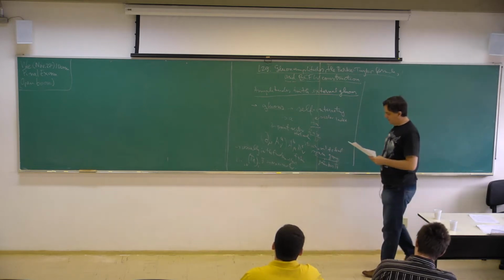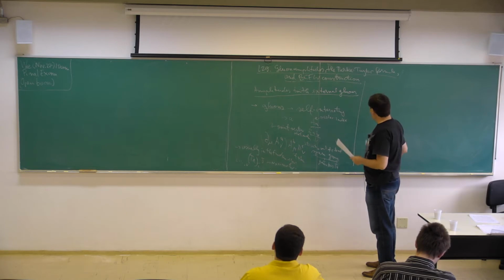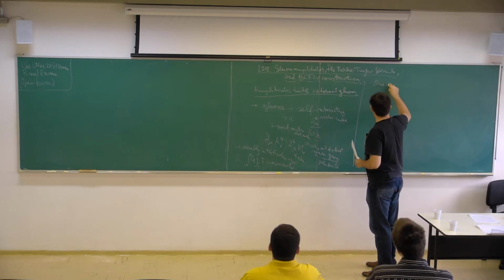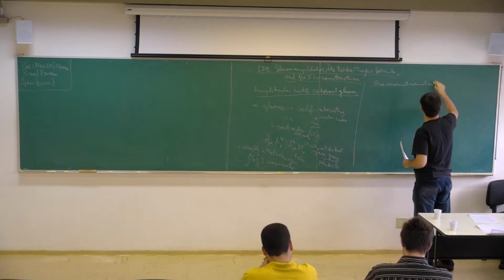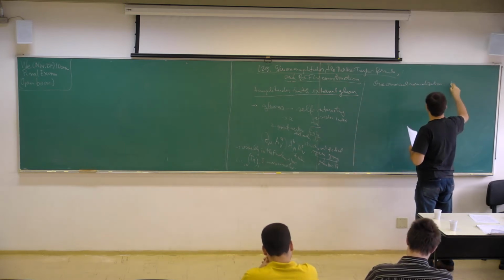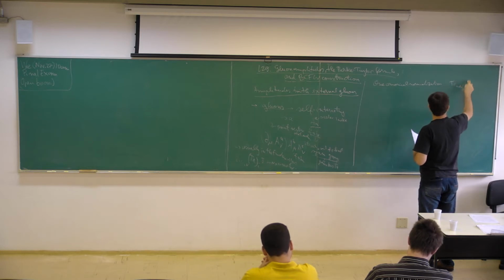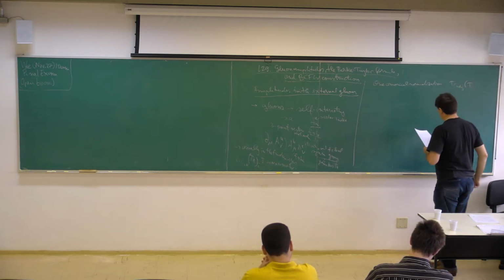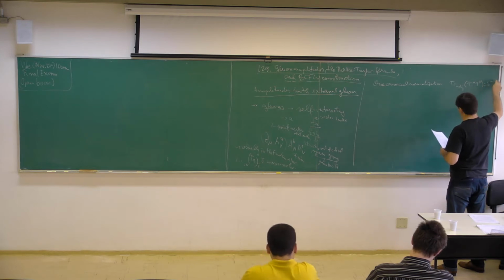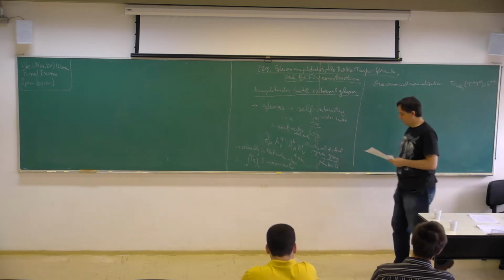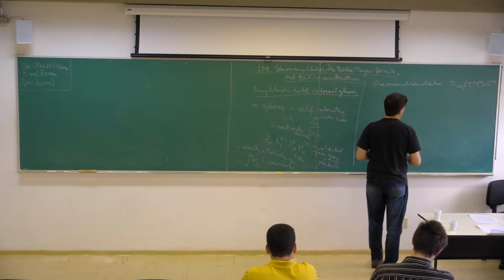And there are possible normalizations, but one possible normalization is the following. Trace in the adjoint of T^A T^B is delta^{AB}.